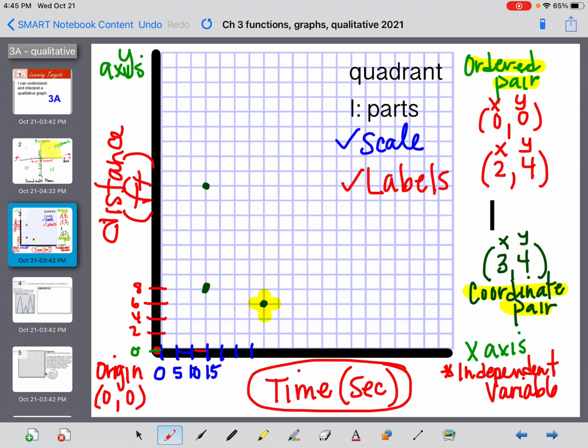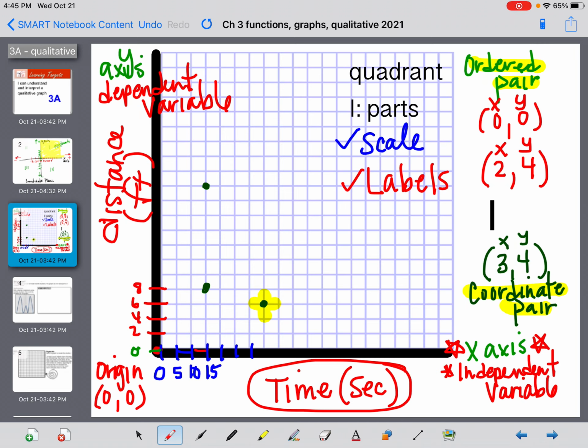And so time is almost never our dependent variable. Remember, the y was the dependent variable. So an important piece of information is that if you have time that you're graphing, it's most often going to be graphed on your x-axis because your x variable represents your independent variable.